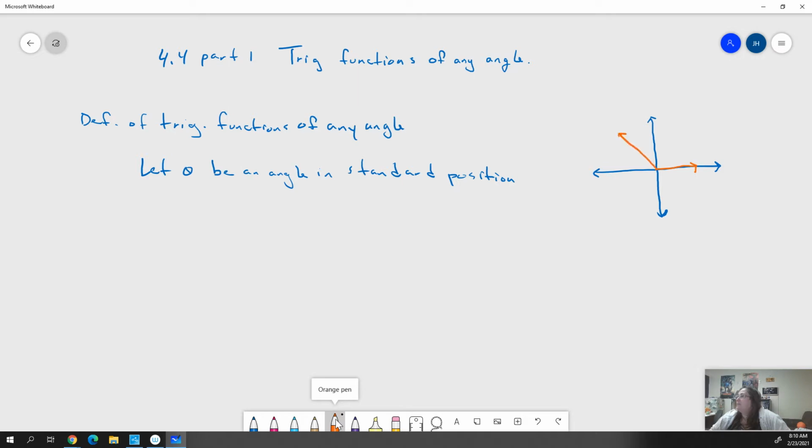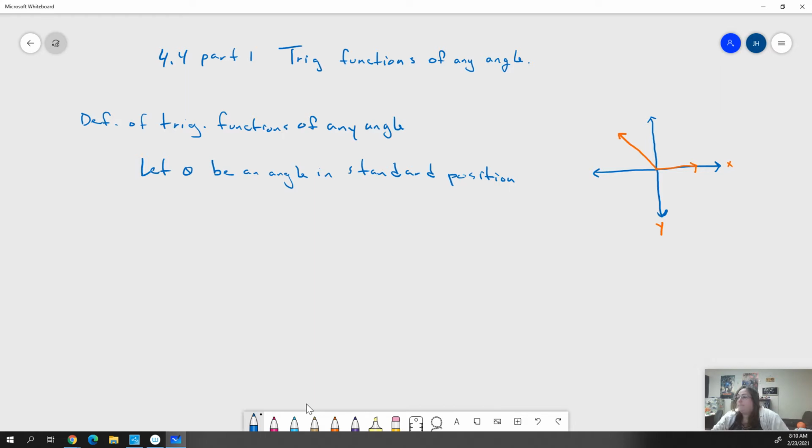But standard position means that it's starting on this line right here, right on our x-axis. So let theta be an angle in standard position. All it means is it's any angle that starts on this line and then goes one direction or another.